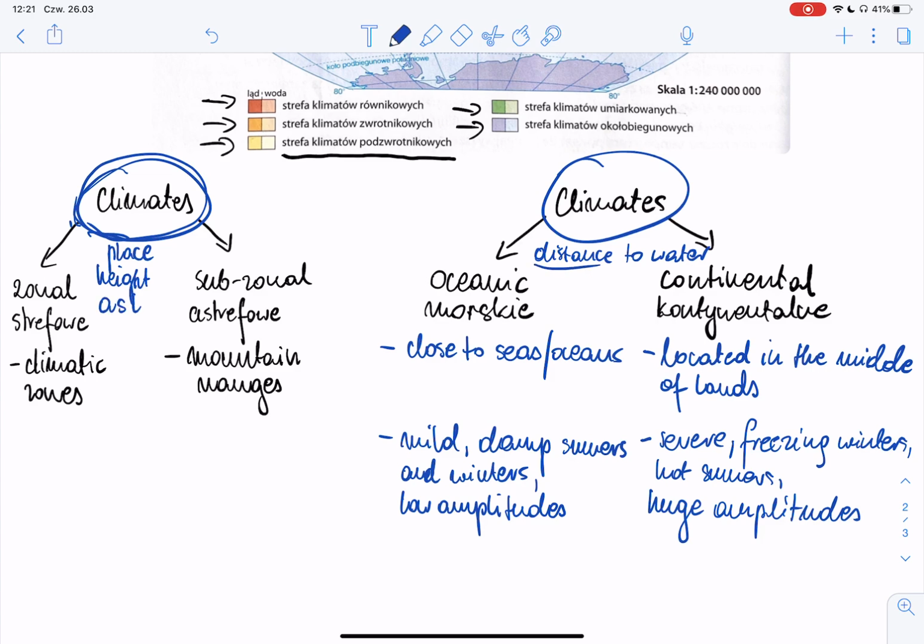And here it's only the distance from water. But guys, climate is one of the most important factors that generally affect life. So life had to somehow adjust to the climate zone that it lives in.